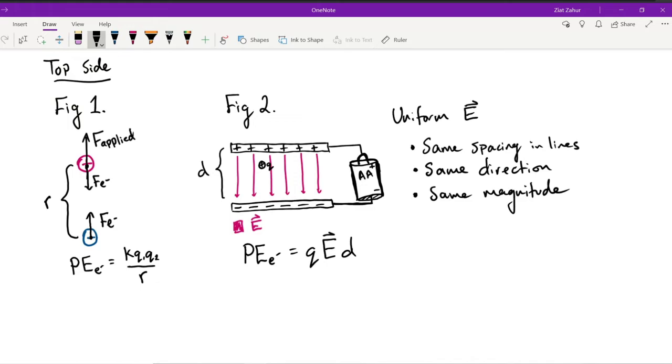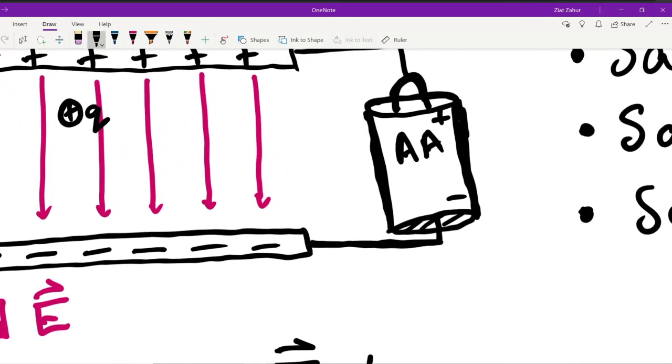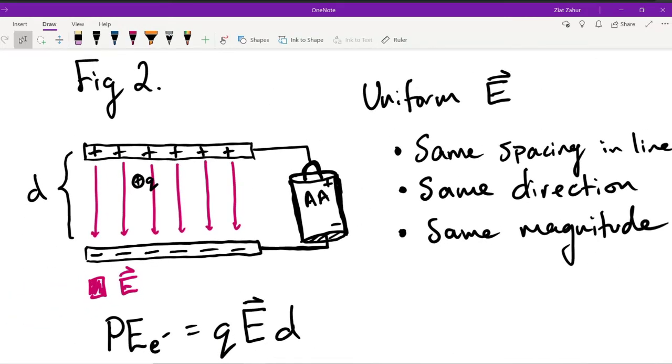And also the spacing between the plates. So the first one talks about the spacing between the lines. That's the distance from each purple line to purple line. When you draw it, you want to draw them equidistant from each other. That way it indicates that the electric field is nice and constant. This means that the electric field anywhere inside these two metal plates is constant, similar to how we say gravity is constant near the surface.